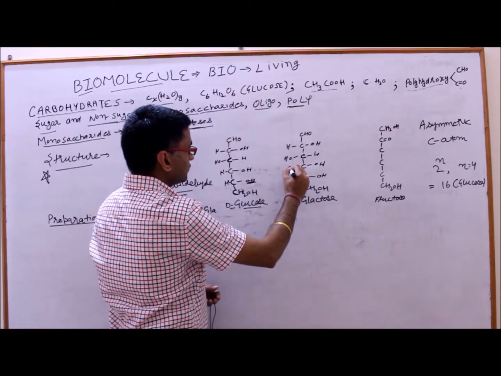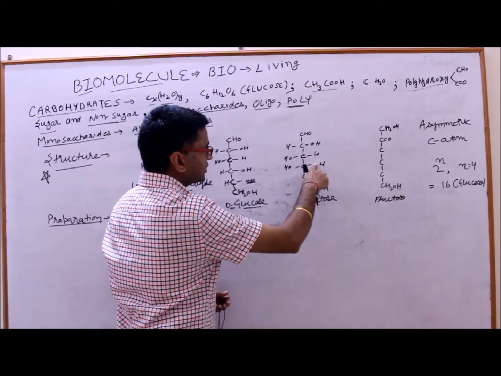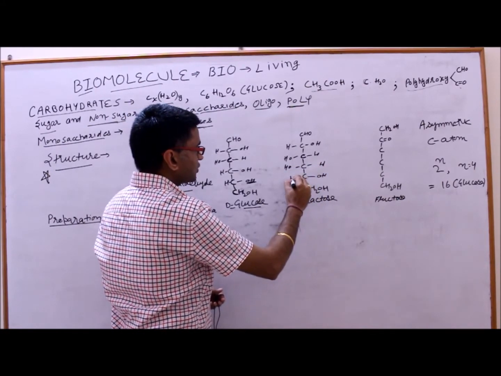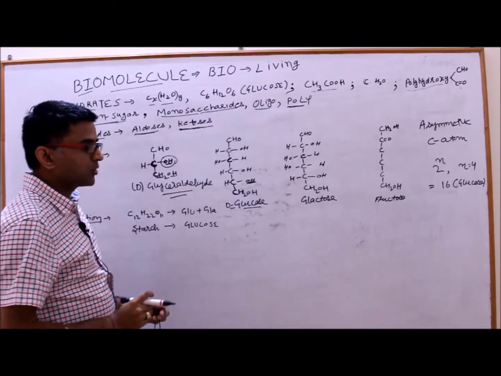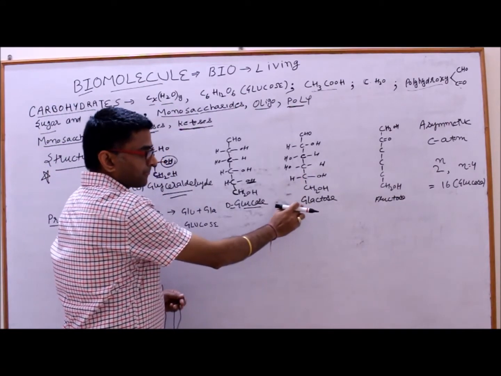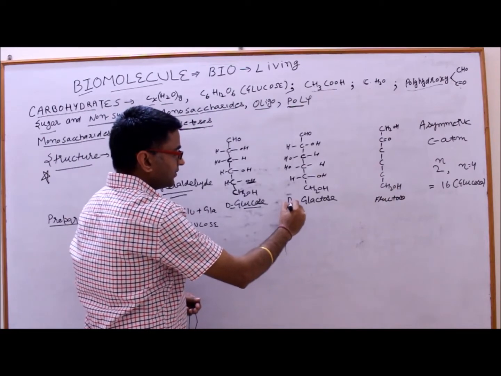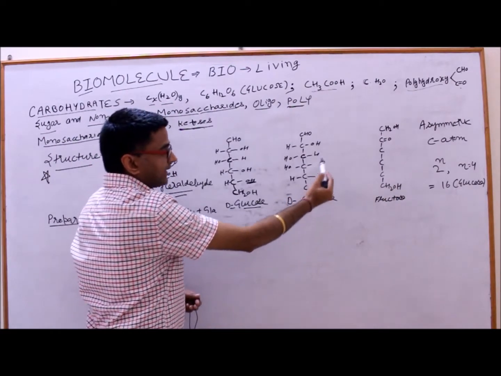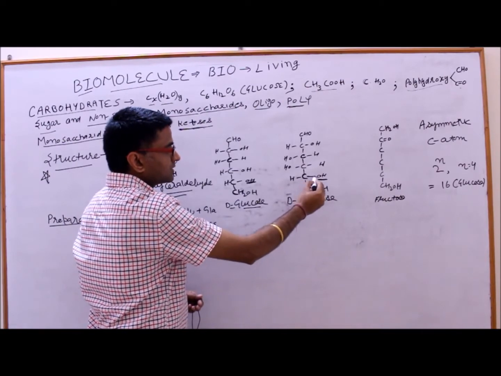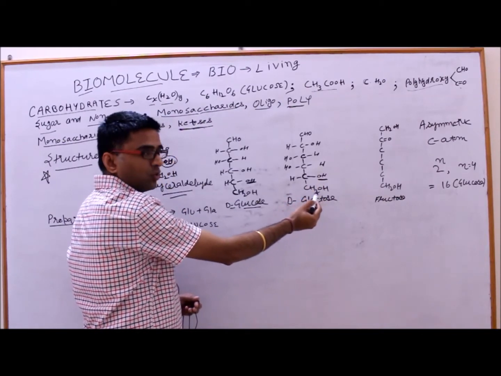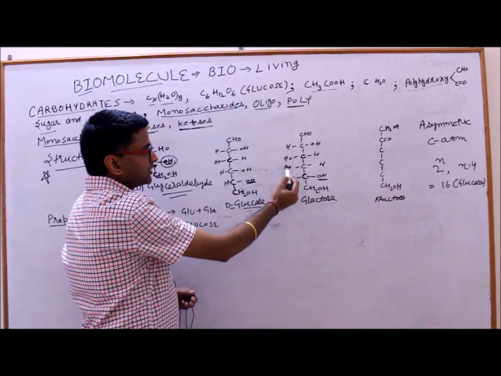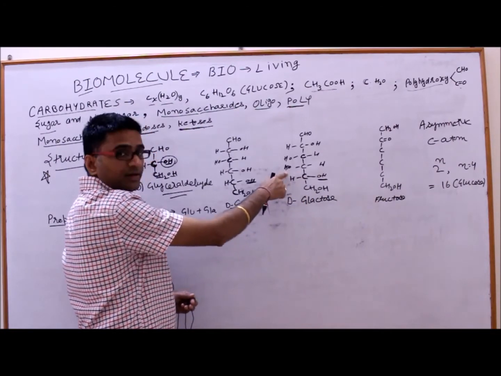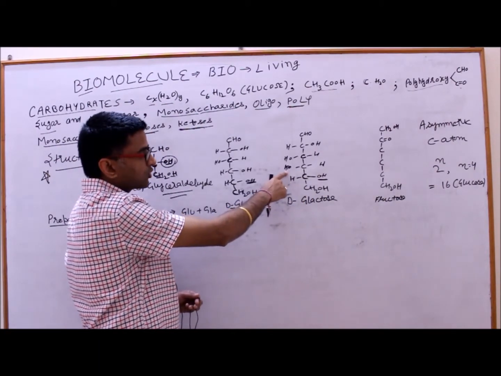We have OH here, we have H here, and then we have H here. Okay, so this is galactose. In this case, it is again D because the OH group is present on the right hand side of this carbon next to CH2OH. Although this OH is present on the left hand side, this doesn't matter, we have to count only this carbon.